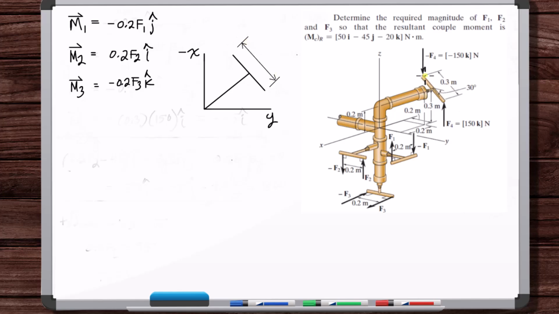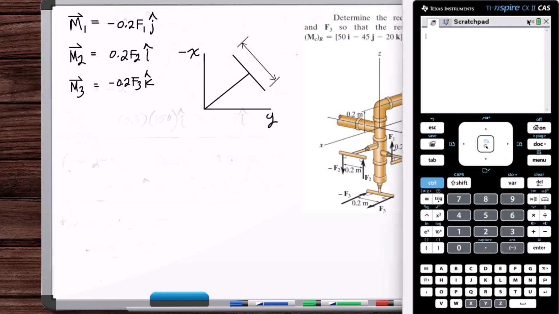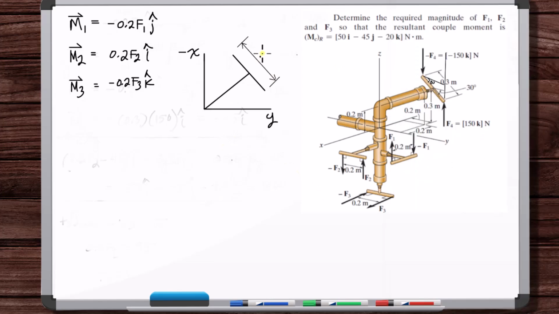This angle is 30 degrees, so 0.3 cosine 30 is this dimension, 0.26 meters.